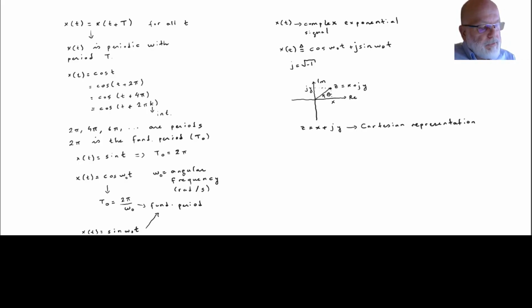The length of this line is shown by r. It is clear that x is equal to r cosine theta and y is equal to r sine theta. So z can be written as r times cosine theta plus j sine theta.